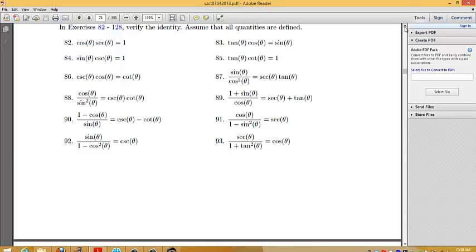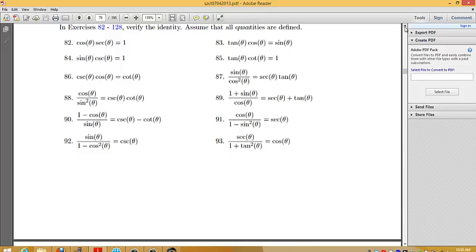Assume that all quantities are defined. Hey guys, here, let's not worry about things like, is cosine 0? If we're looking at pi over 2, is that going to be a problem? Forget about that for now. We're just going to see if we can verify the identity. All right? So, for example, 82.